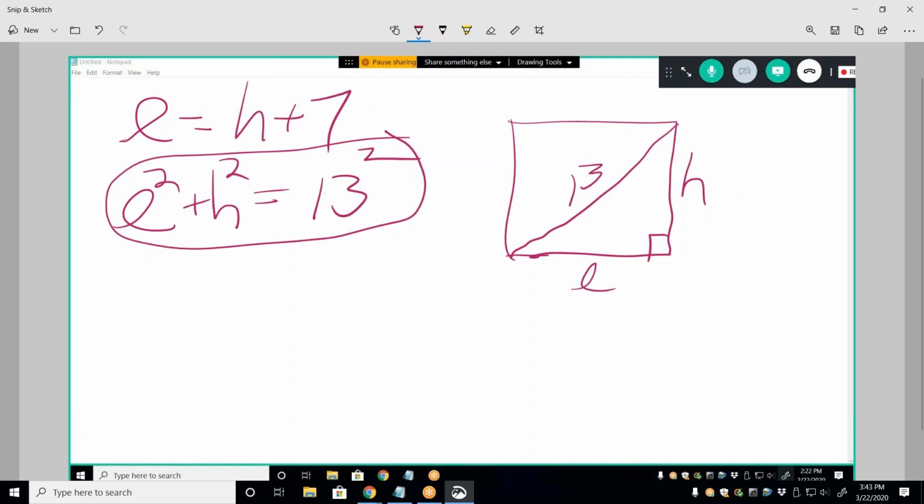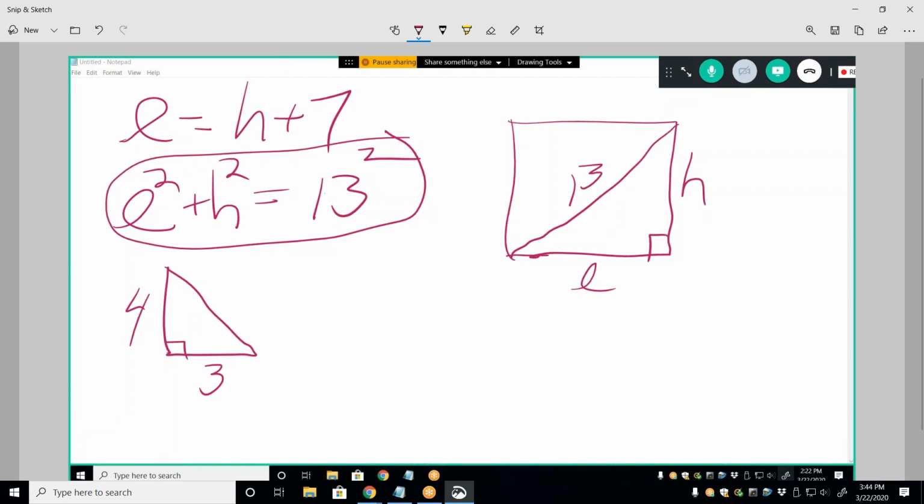However, let's consider some of your simple Pythagorean right triangles. What's the smallest perfect Pythagorean right triangle? 3, 4. It's the hypotenuse of a 3, 4.